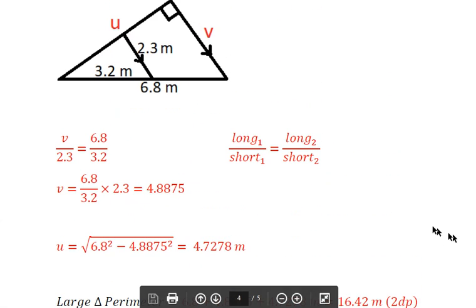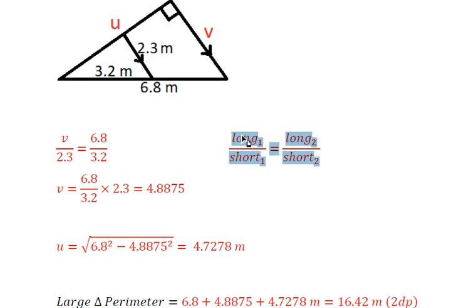Now you might be thinking, how do I remember which way around this goes? Well, to tell you the truth, it doesn't matter. You can put short at the top, long at the bottom, as long as you're consistent and you have short and long around the other way, and then make sure all the shorts are at the bottom, all the shorts are at the top or whatever, and the longs are alongside each other as well.